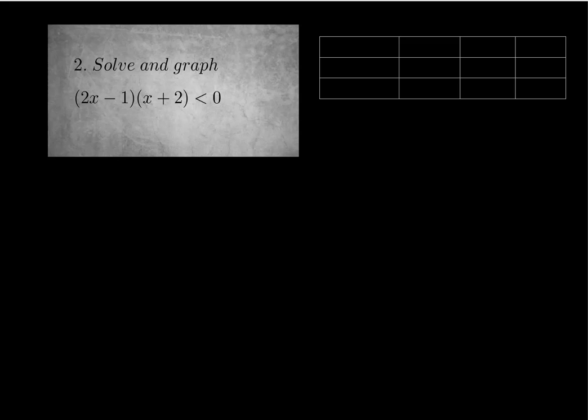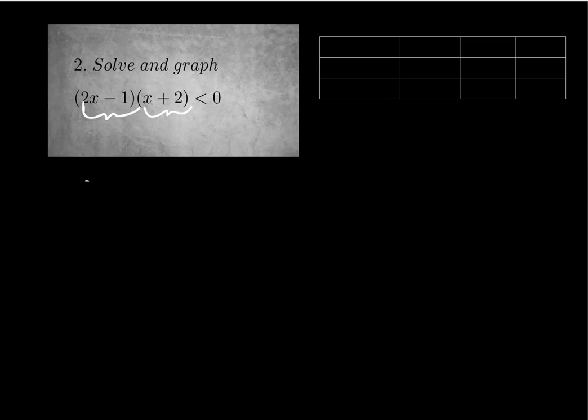But also I would say that if you know the quadratics, you know these are the two roots of the quadratics shown here. So if we take the 2x minus 1, you know the root is x equal to 1/2, and here the root is x equal to -2.